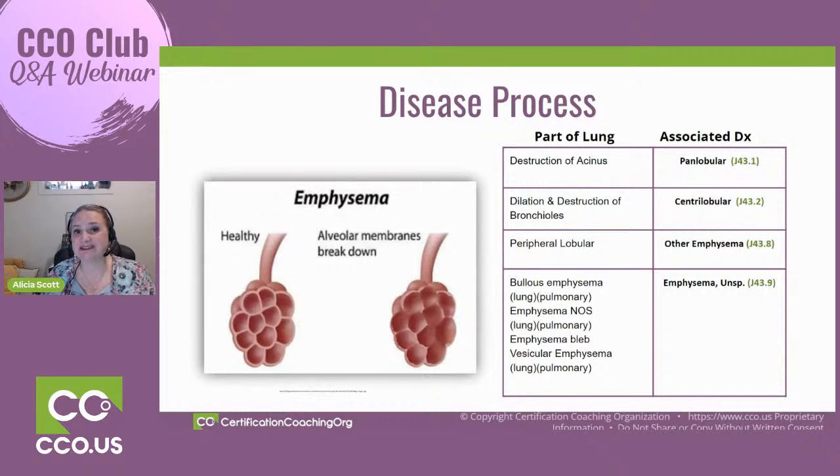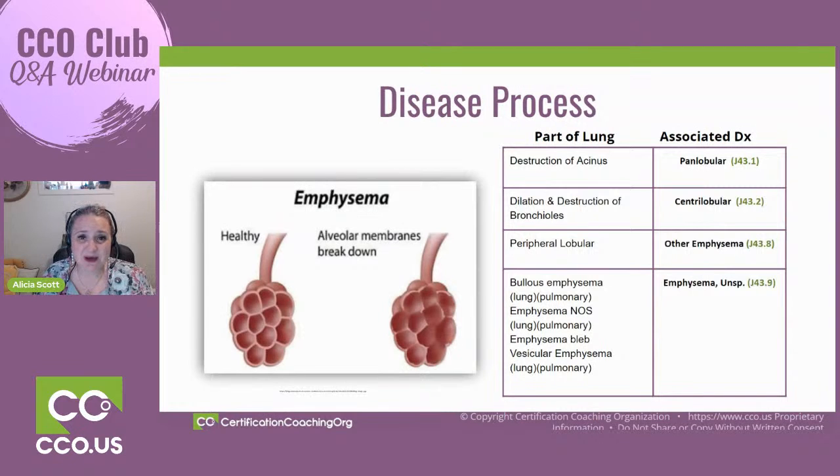Peripheral lobular is pretty common when I'm auditing charts. I see that identified more than panlobular and centrilobular, and it's actually other emphysema. Now, the code set is going to state that other means we've identified it, peripheral lobular, but we don't have a code for it. The code set doesn't have a code, so it would be other, J43.8.